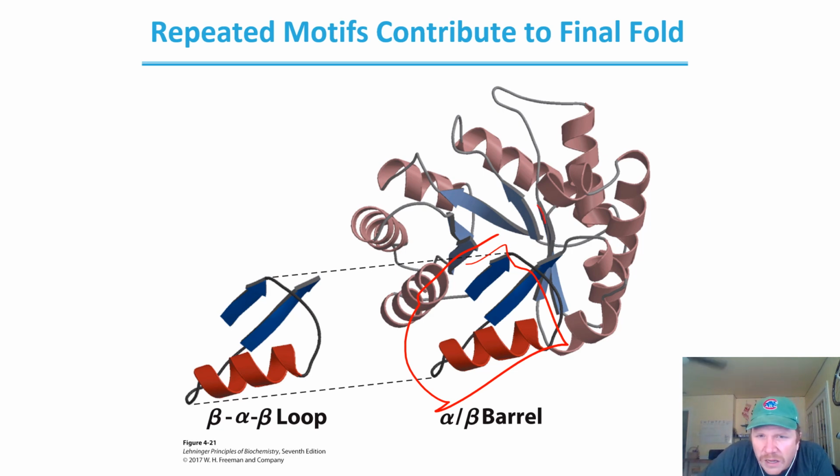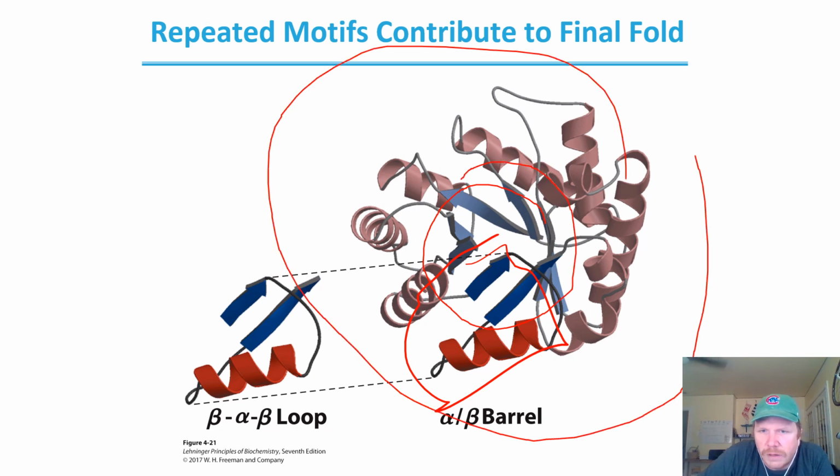It's kind of tough to see, but there's your beta barrel, and here are all these alpha helices outside of that. This motif is one of multiple identical or similar motifs that contribute to that overall structure. It's a little bit tough to tell, but here is that central beta barrel. Okay, so this final fold is an alpha beta barrel.